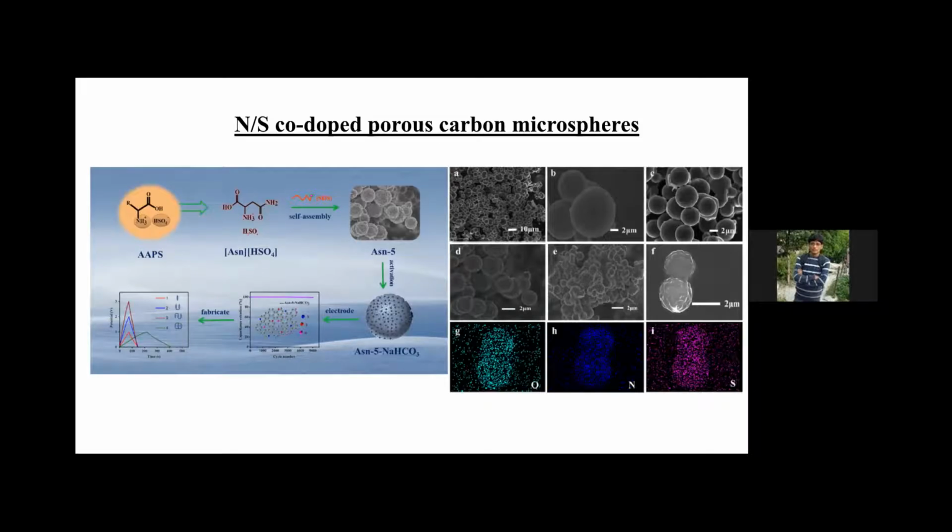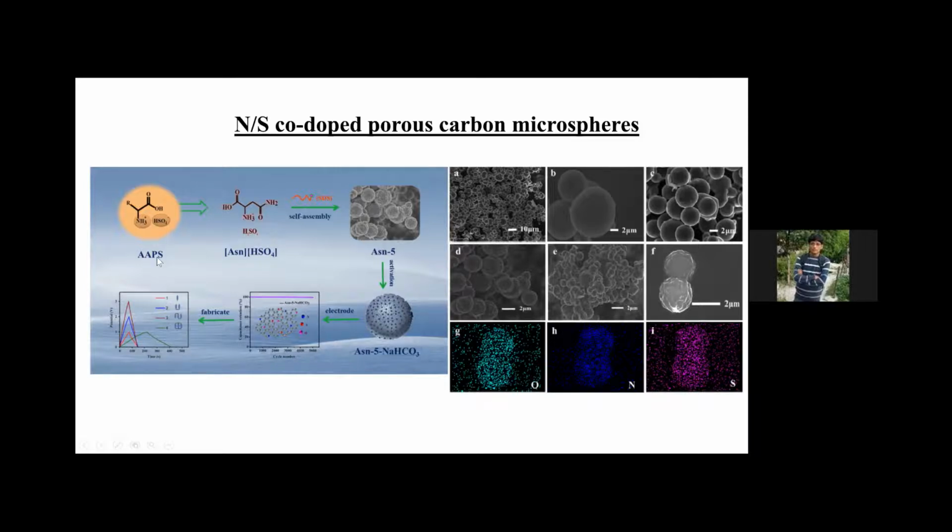The second one is not only metal oxides or metal sulfides. We can get porous carbon by this hydrothermal method. How we can do it: don't be afraid, this is APS.